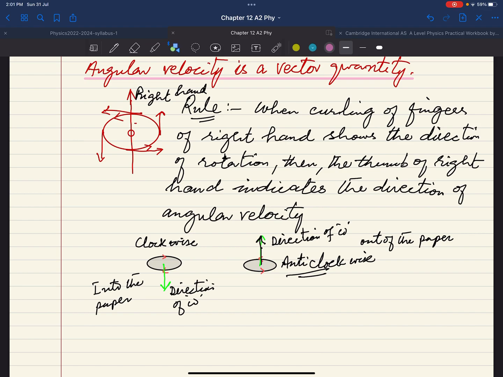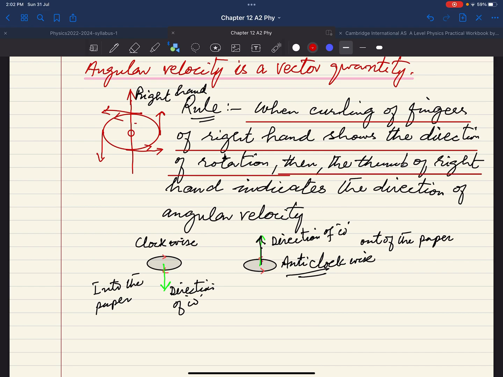So here we have a simple right hand rule: when the curling of fingers of the right hand shows the direction of rotation or revolution, then the thumb of the right hand indicates the direction of the angular velocity.